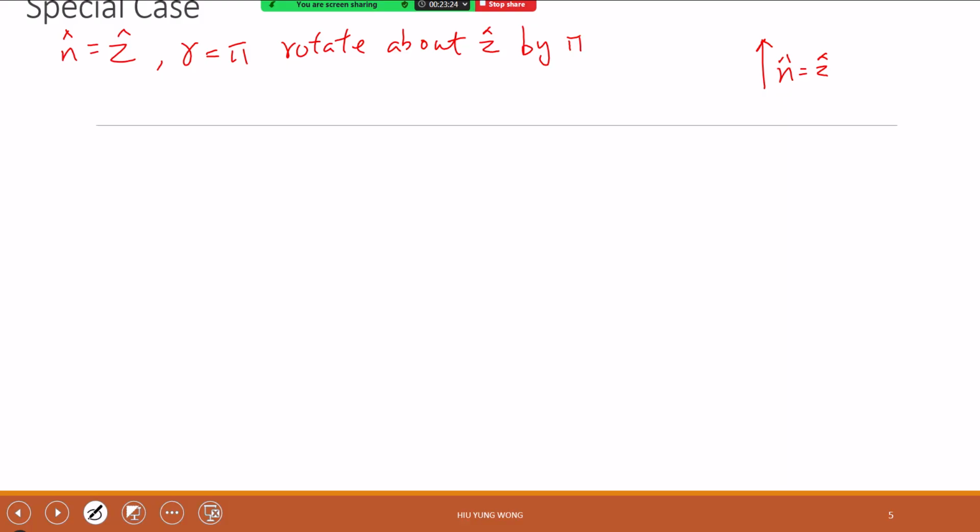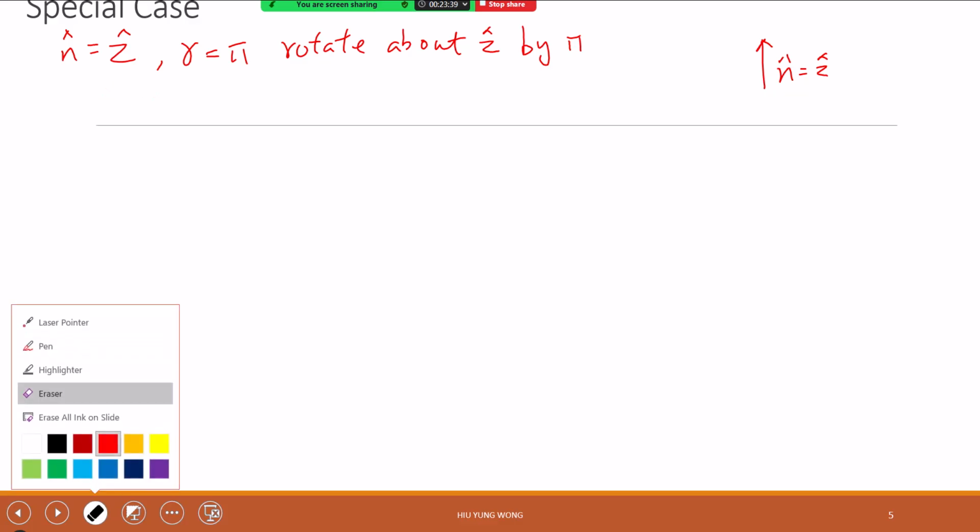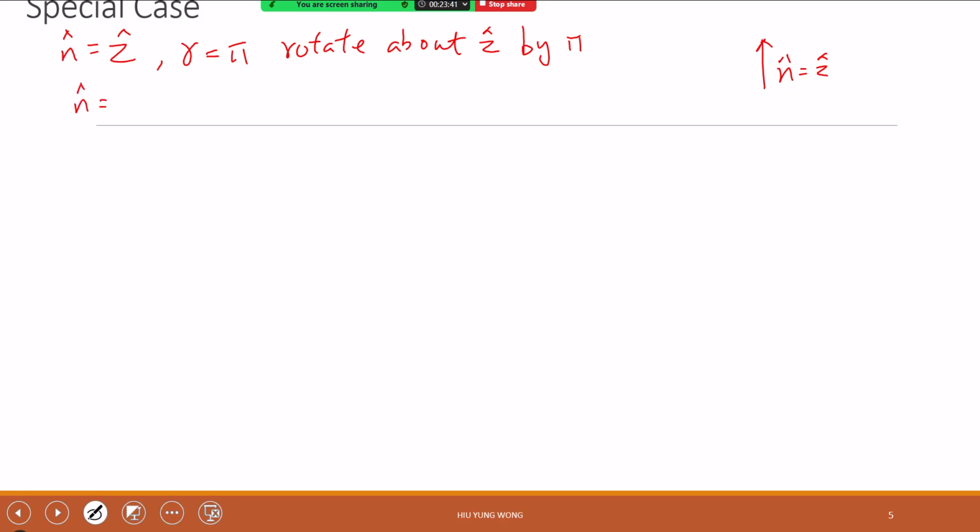So based on that, can you tell me what is nx in this case? Maybe I can remind you. n hat equals nx, ny, nz. Just to remind you, this means nx x hat plus ny y hat plus nz z hat.